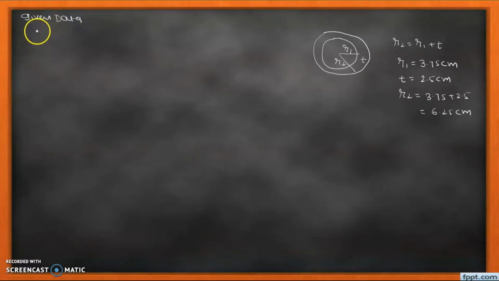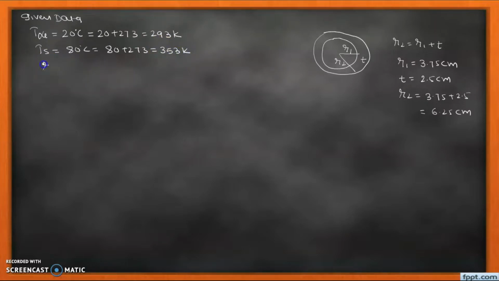Now we are going to write down the given data. Here the bulk fluid is air and the air temperature is given, that is 20 degrees centigrade. If we convert it into Kelvin, it becomes 293 Kelvin. The surface temperature is 80 degrees centigrade, so it becomes 80 plus 273, which is 353 Kelvin.